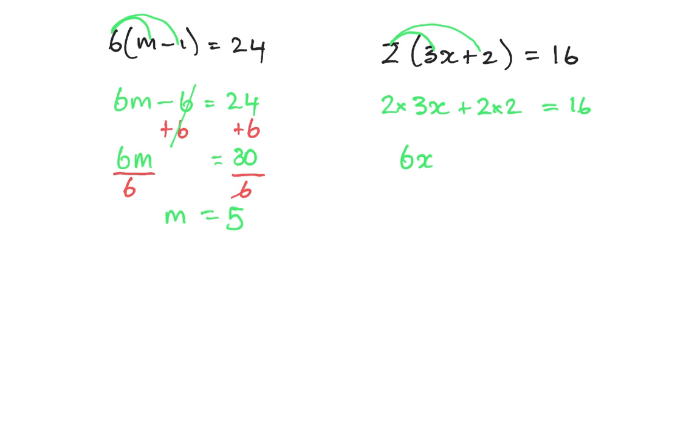So 6x plus 4 equals 16. Now we need the 4 to go on the other side. So minus 4, 6x equals 12. Divide by 6. X equals to 2.